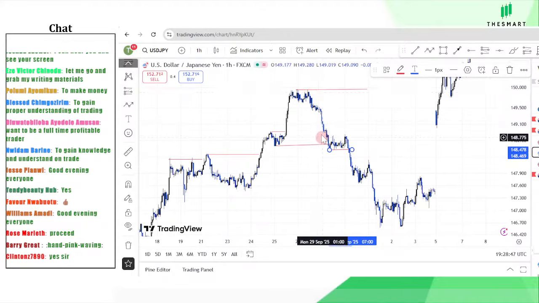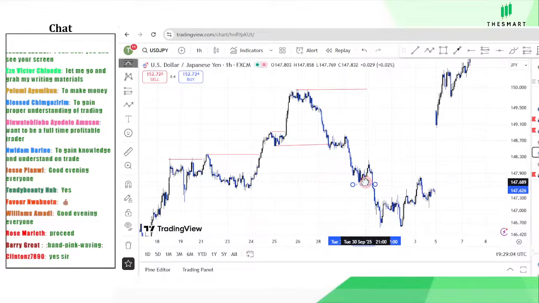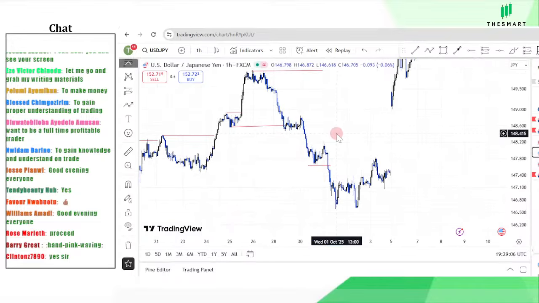You see, now we took out this point. The market gave us a new high without violating this high. This high is protected. We have this one. Now the market pushed down, gave us another break at this point to the downside. After giving us this break to the downside, you see we had a new high.